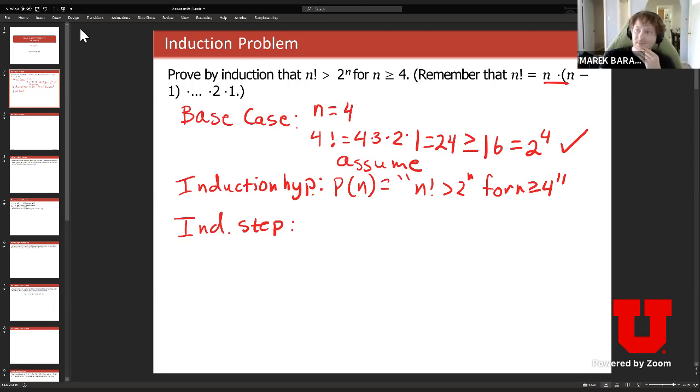And then maybe first the problem statement right before the base case. Problem statement, where you define what P of n is. Oh, okay, yeah.